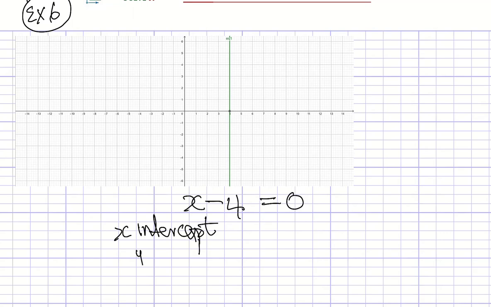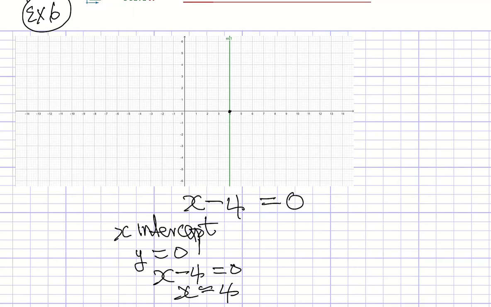Set y equal to 0. There's no y, so you say x minus 4 equals 0. x is equal to 4. You see that, right? That's why you see x is equal to 4.